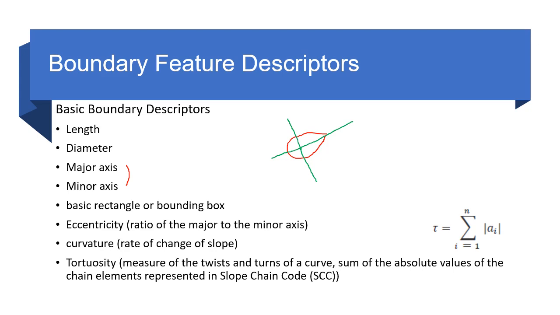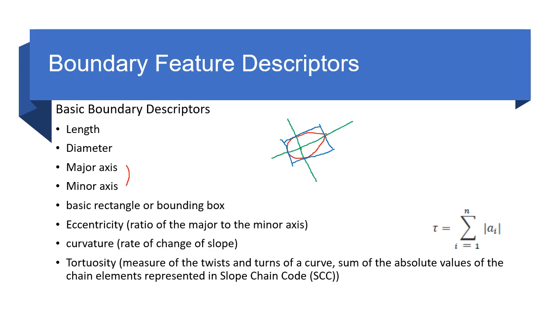We could also use the basic rectangle or bounding box. In this case, the bounding box would be a box like this one, where the sides are always parallel to the major and minor axis for the minimum area.